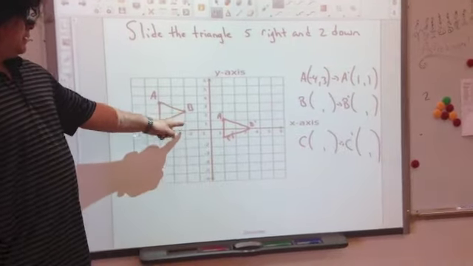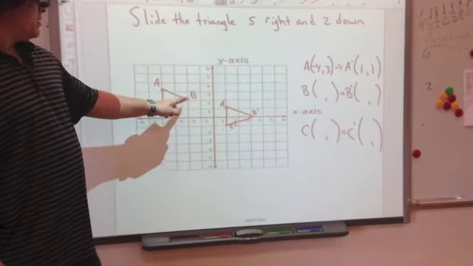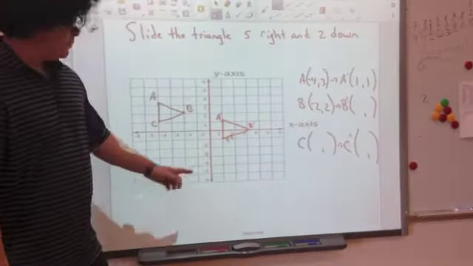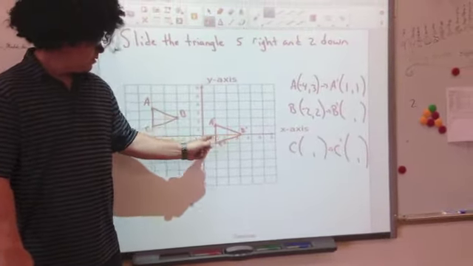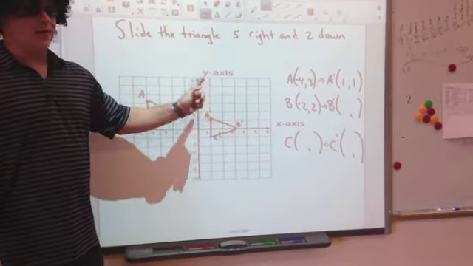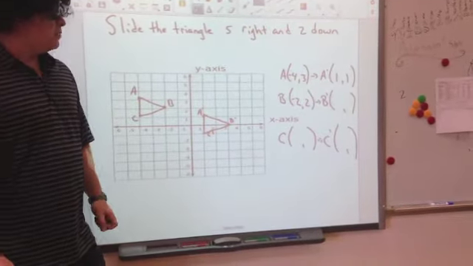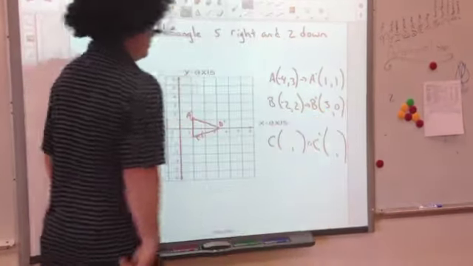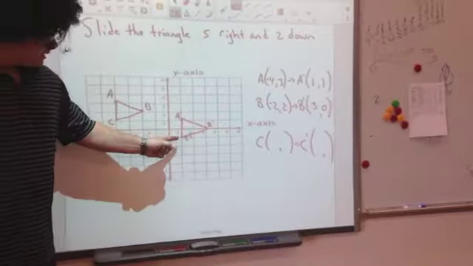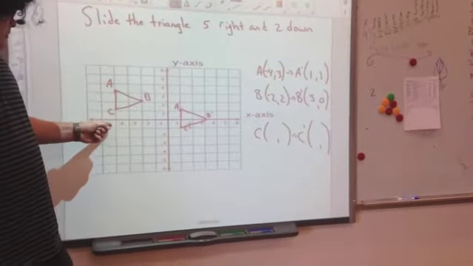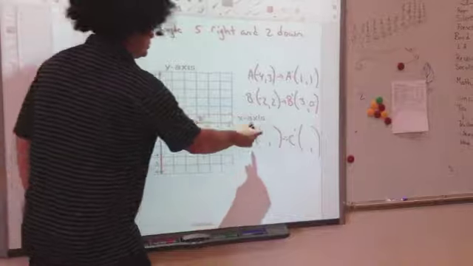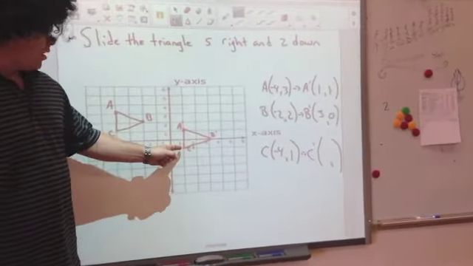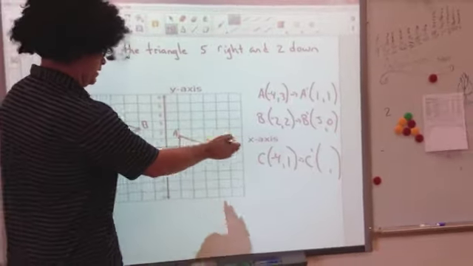My original B was -2 on the X and +2 on the Y. My B prime goes to 3, doesn't move up or down on the Y, so if it stays there, it's going to be 0. So it's going to be 3 and 0. And then my last one, C, it goes from -4, 1, all the way over to 1 and -1.